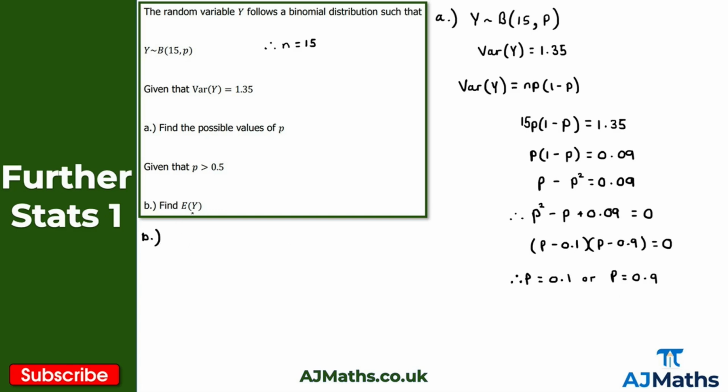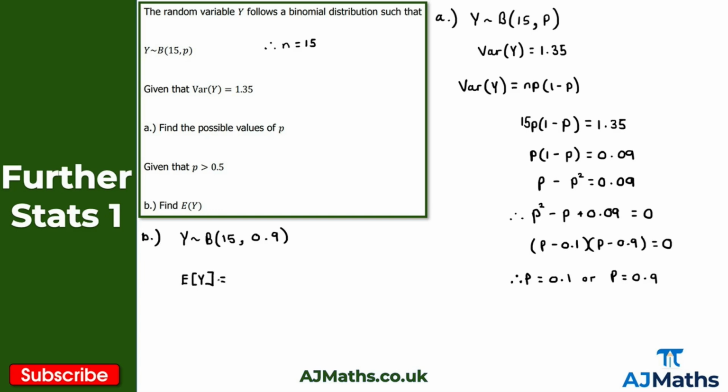So in this case, we have our distribution. So y follows a binomial distribution. We have parameters of 15 and 0.9. But in this case, we're simply looking for the expectation of y, in other words, the mean of the random variable y.